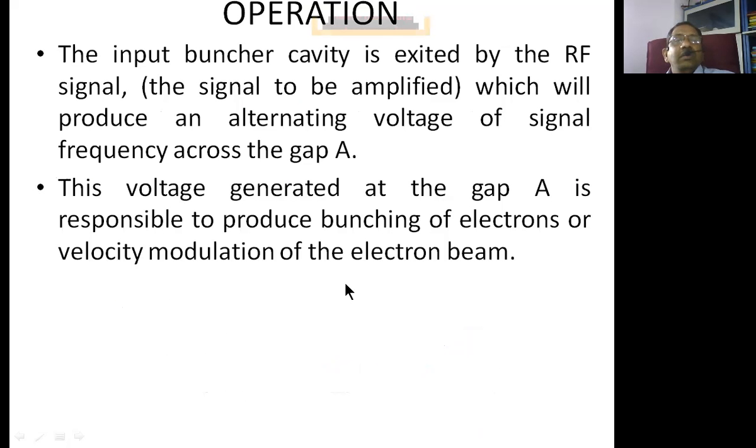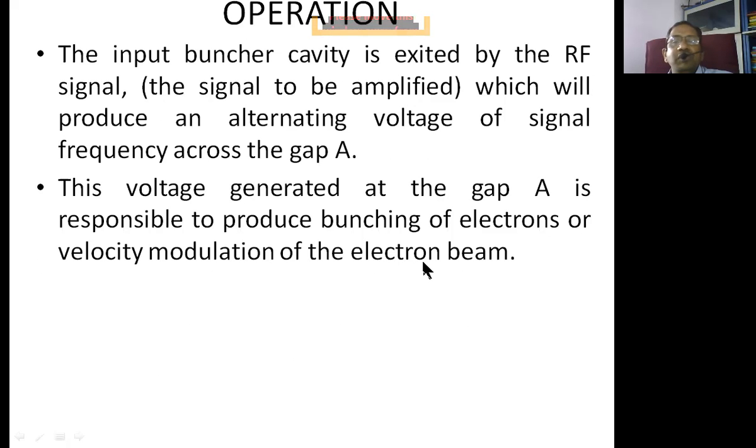Okay. So what is finally the operation that it is doing? The input buncher cavity is excited by the RF signal which has to be amplified, which will produce an alternating voltage of signal frequency across the gap A. This voltage generated at gap A is responsible for producing bunching of electrons, or velocity modulation of the electron beam.